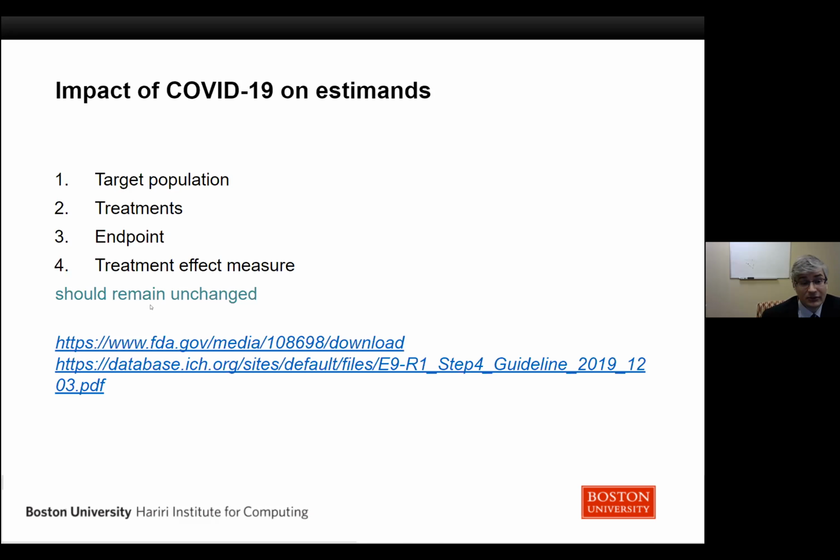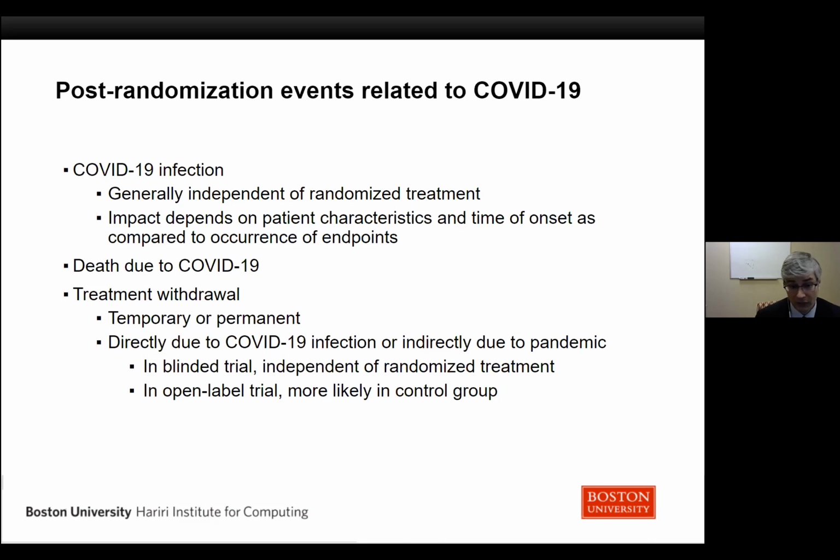Another distinction to make when documenting treatment discontinuation or deviation is whether it's temporary or permanent. And also try to assess if treatment withdrawal was directly related to COVID-19 infection or more generally driven by the pandemic, reluctance to go to the site, lockdown, and so forth.